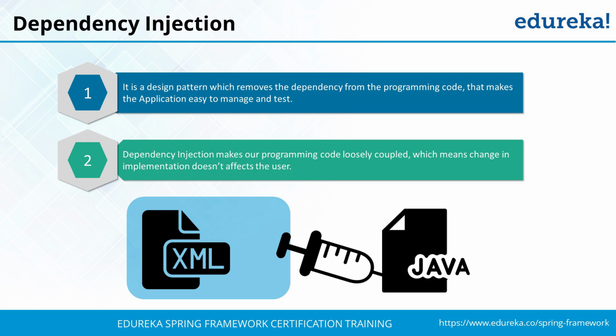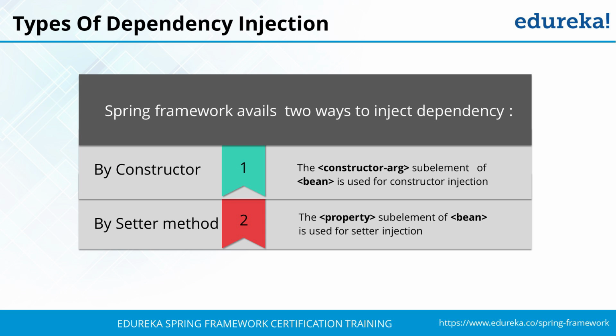So in the XML file and the Java file, we use the XML file to achieve dependency injection and give it to the Java. It can be done in two ways, either by constructor or by the setter method. For the constructor we use constructor-arg, and for the setter method we use the property itself. Let's see how we can do it.